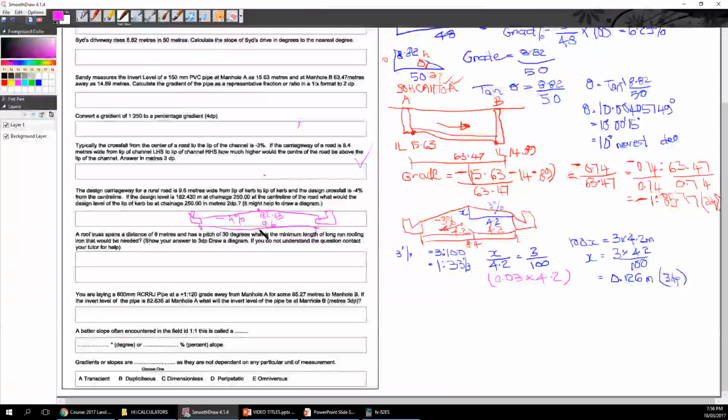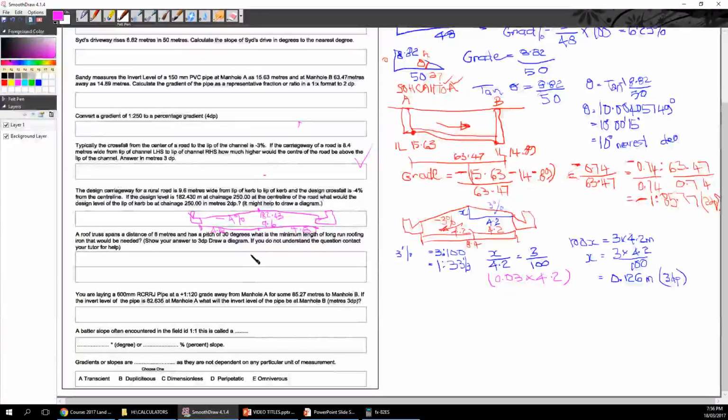Half of it is 4.8. If the design level, what would be the design level lip of curb?